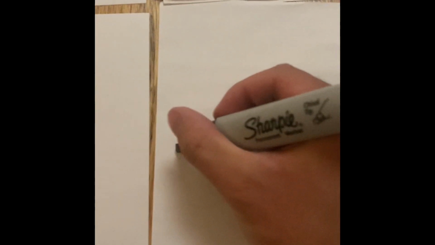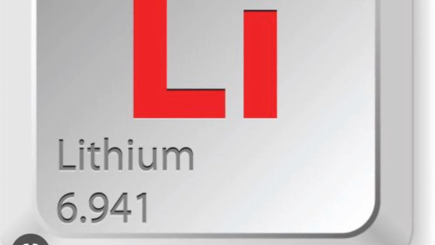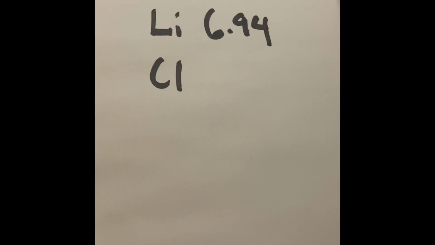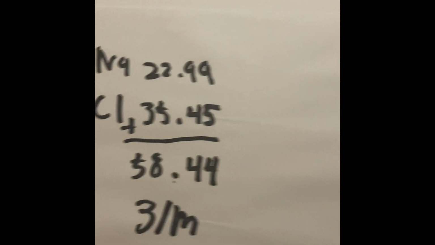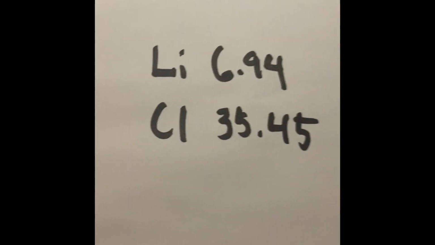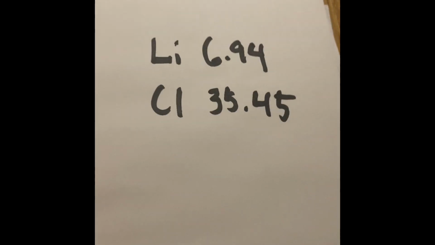Now we need to find what it is. The molar mass for lithium is 6.94. The molar mass for chlorine, just like the last one, is 35.45. We have to check if there are any subscripts besides 1, and it turns out that lithium and chloride do not have any subscripts besides 1.